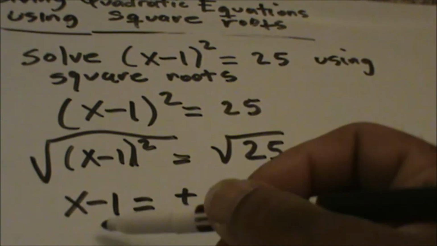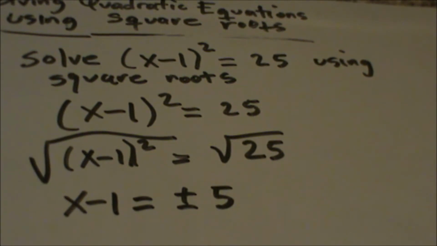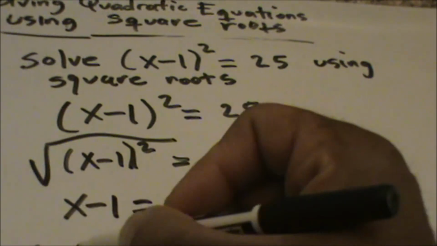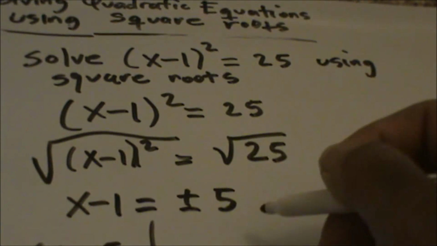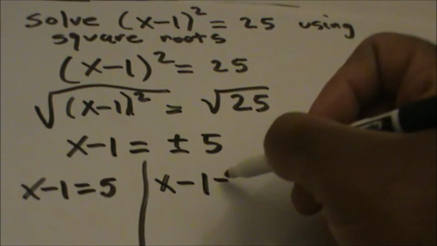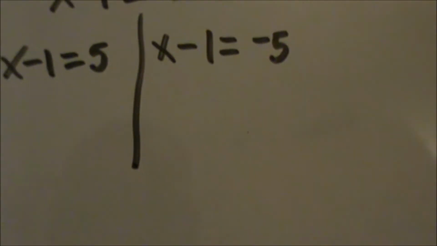So we have to make sure x is by itself. So we have to split this into two separate equations. x minus 1 equals a positive 5, and x minus 1 equals a negative 5.